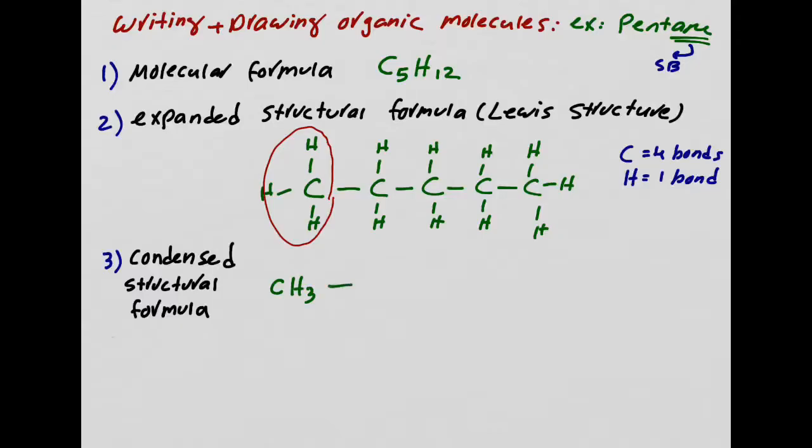And then this carbon is attached to another carbon. Now this carbon has how many? Only 2 hydrogen. So this CH3 is attached to a CH2, which is attached to a CH2.